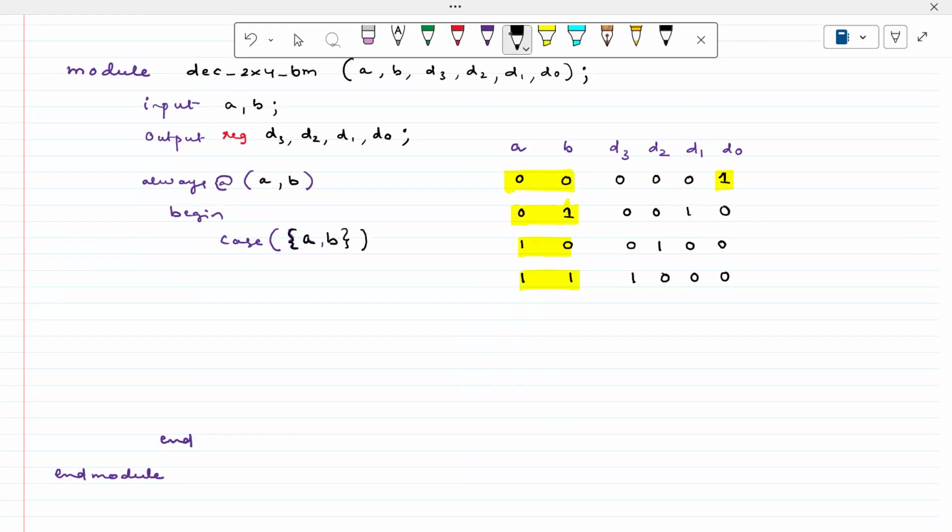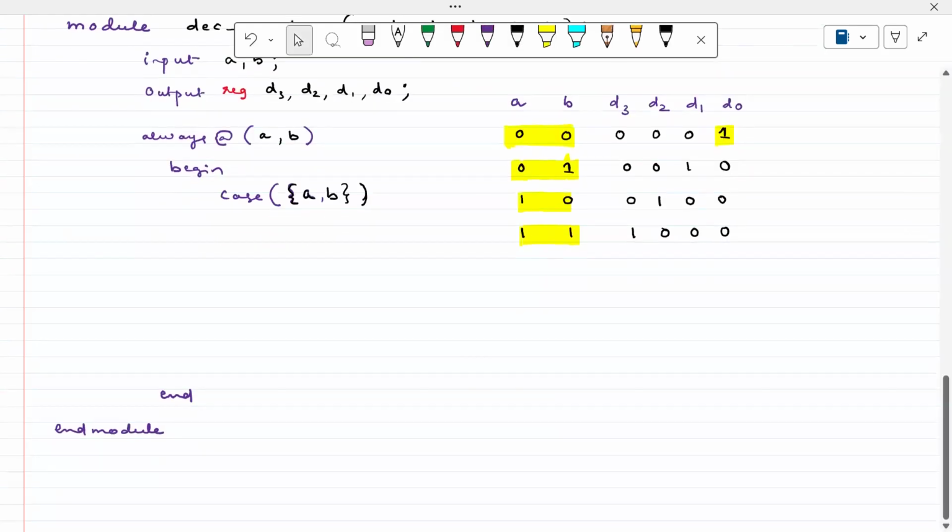Okay, fine. Now, what is the size of AB? Concatenation A comma B becomes a 2-bit size, right? A is 1 bit, B is 1 bit. When I concatenate these two, it becomes 2-bit size. So let me write 2-bit 00. If this is the case, what should be the output?